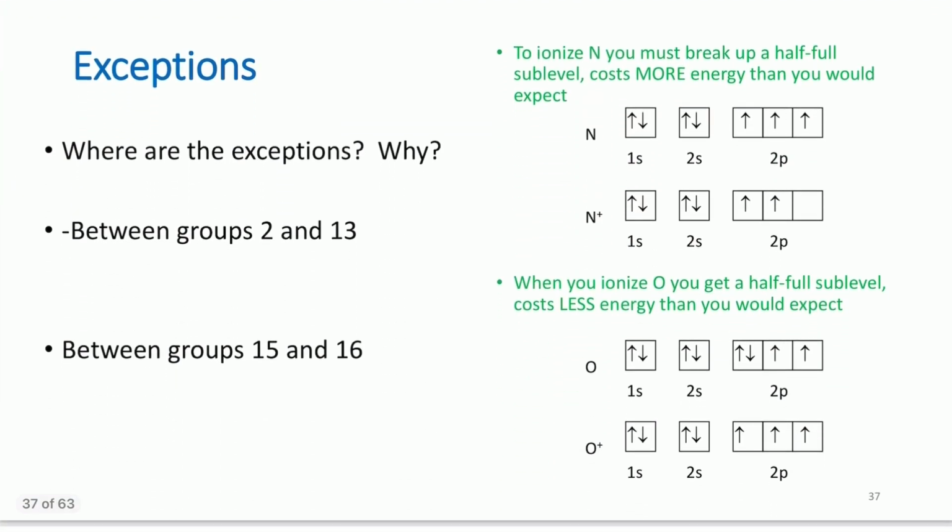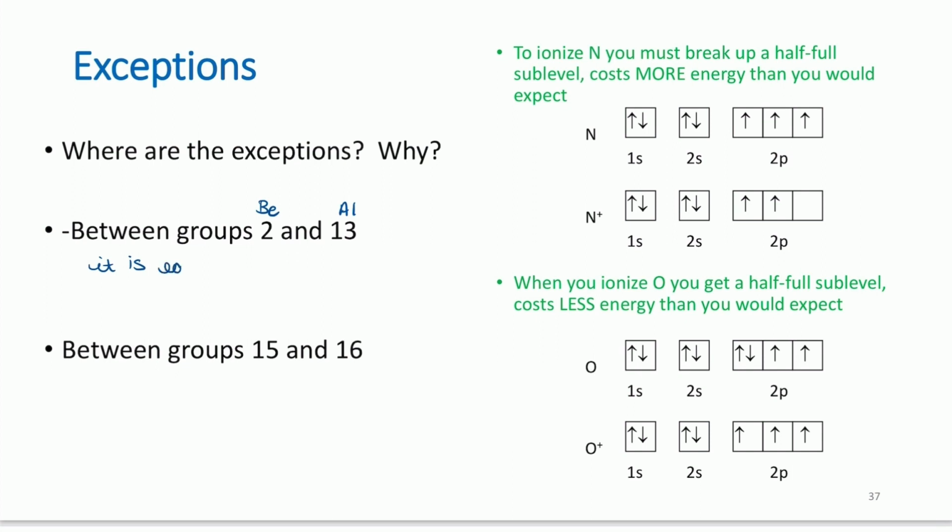Okay, there are exceptions to the rules that you need to understand. So what are the exceptions and why? Well, first, between groups 2 and 13. Sorry, I said 3, I mean 13. It used to be called group 3, I apologize. Basically, the rule that starts with beryllium and the rule that starts with aluminum. It is 13.